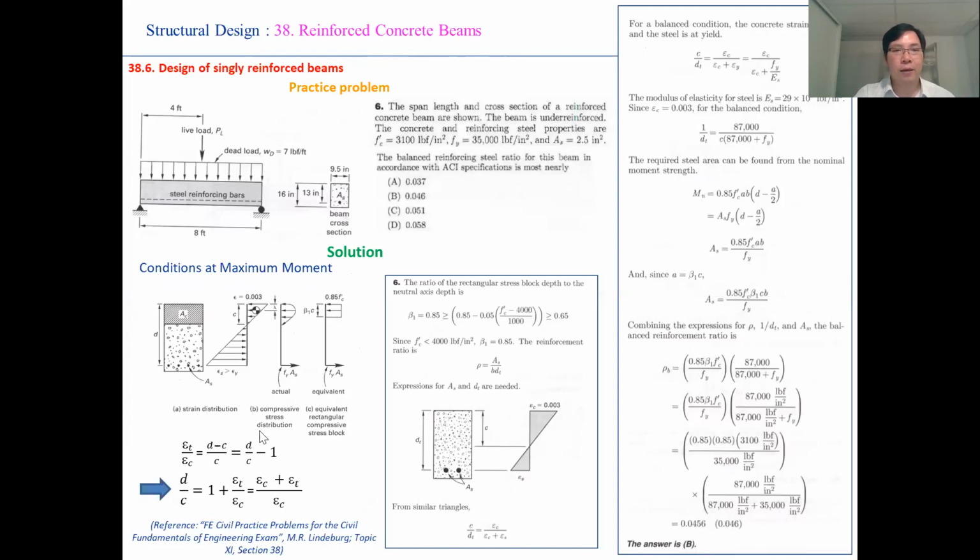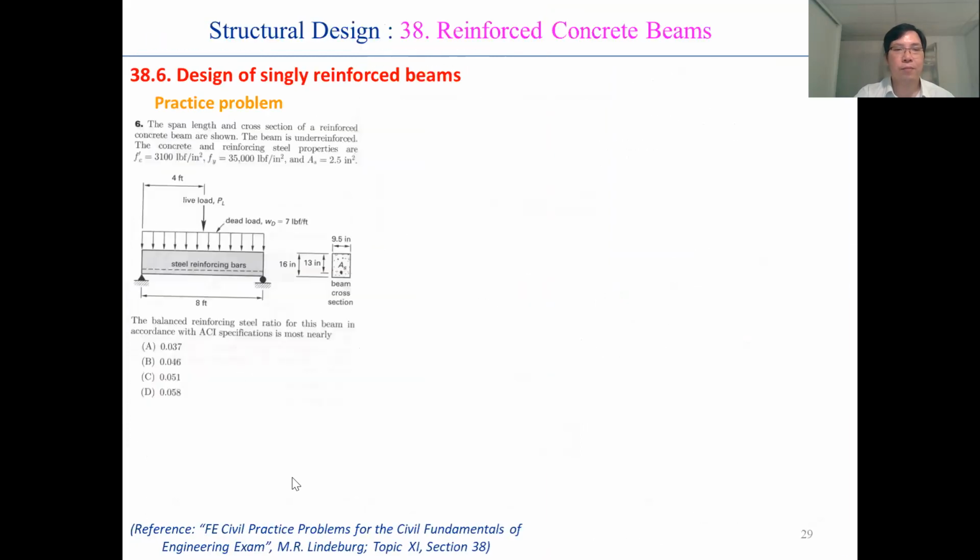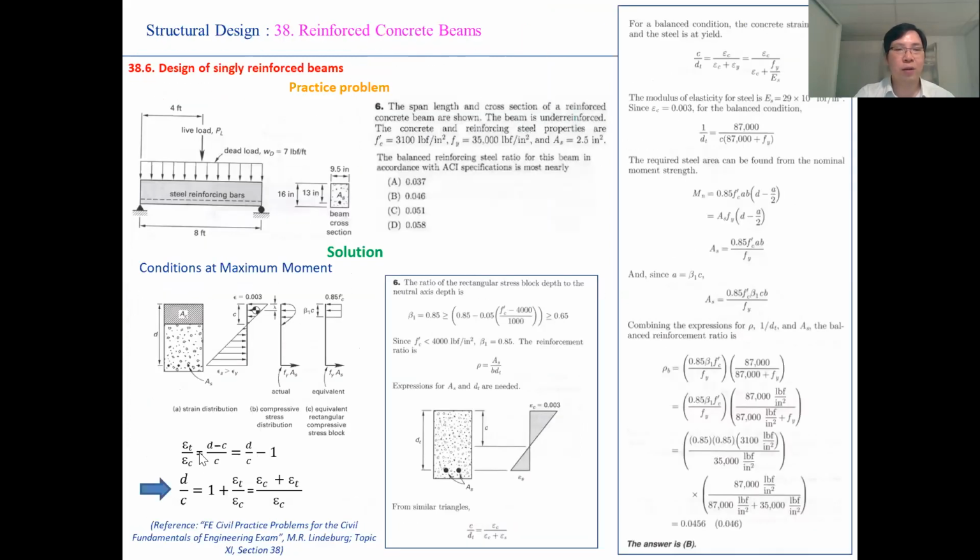and I can establish different equations between the ratio epsilon t per epsilon c. You can see based on this diagram, you can establish the ratio between epsilon t per epsilon c.